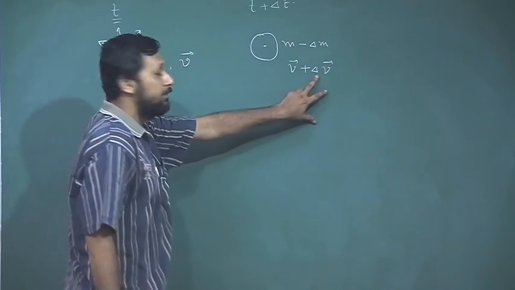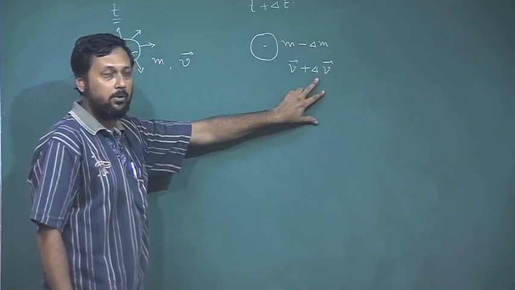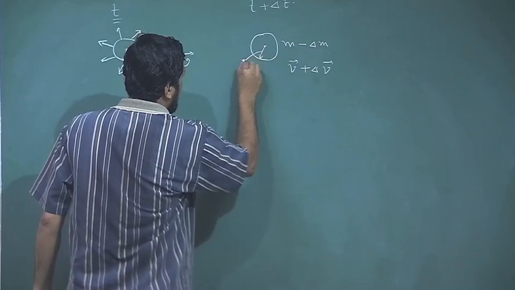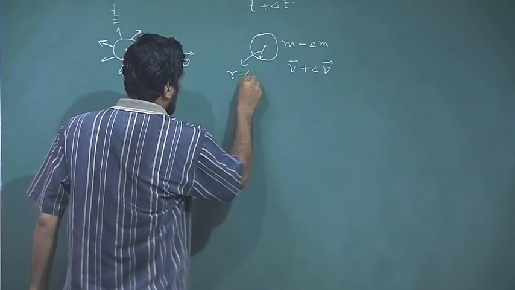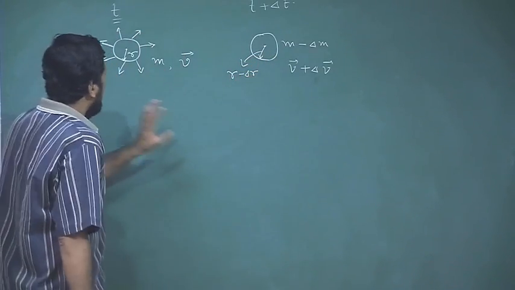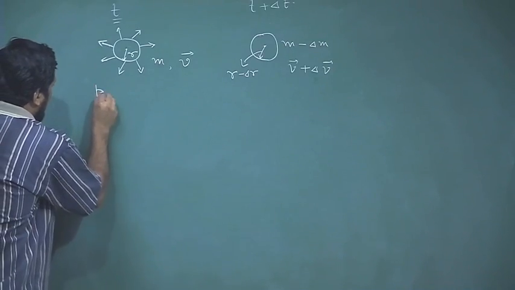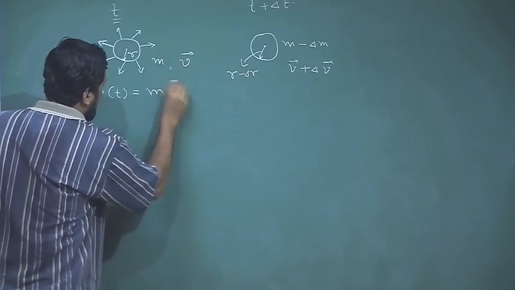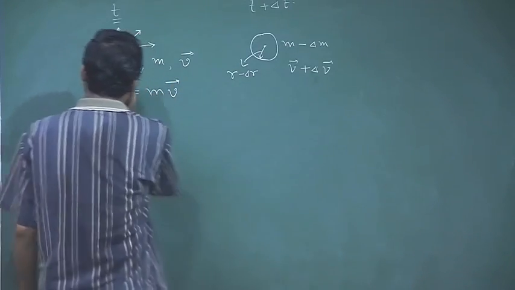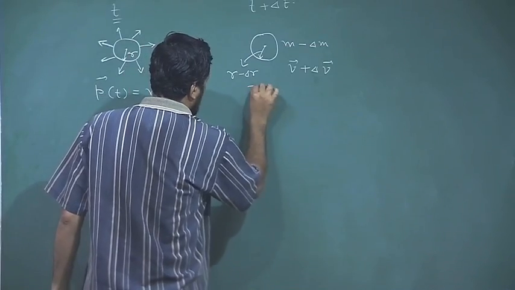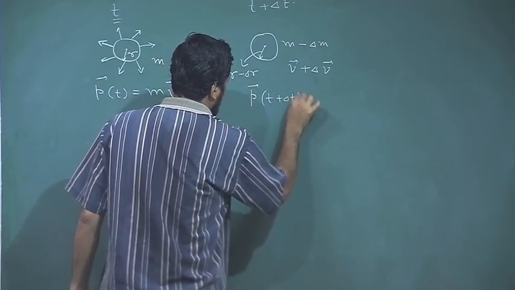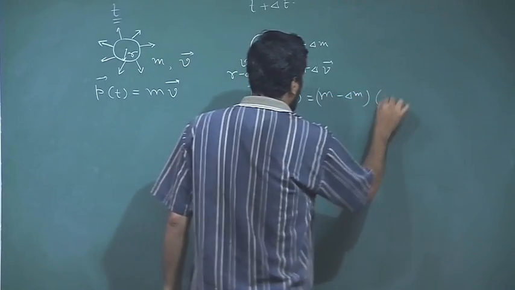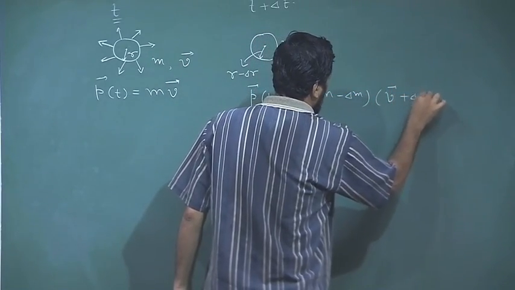We do not know if delta v is positive or negative as of now, so we will just keep it like this. And the radius has changed from r to r minus delta r. If we compute momentum, it is mv. Momentum at t plus delta t is (m minus delta m)(v plus delta v).